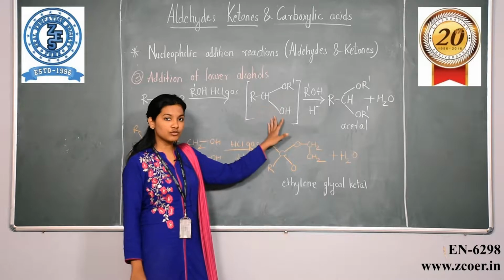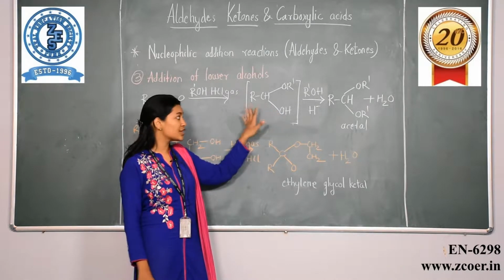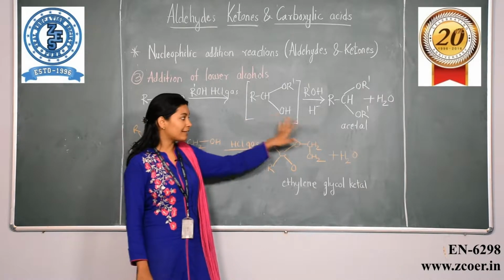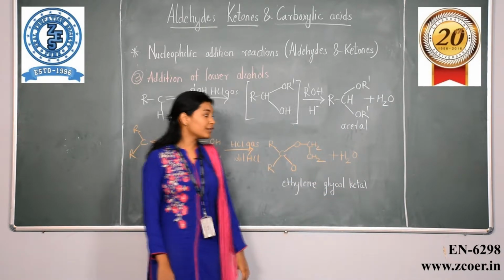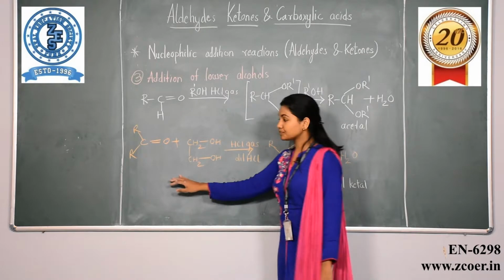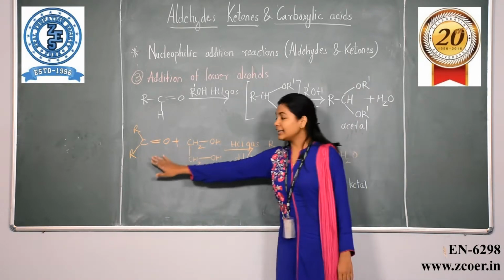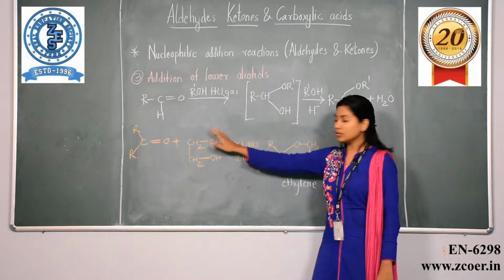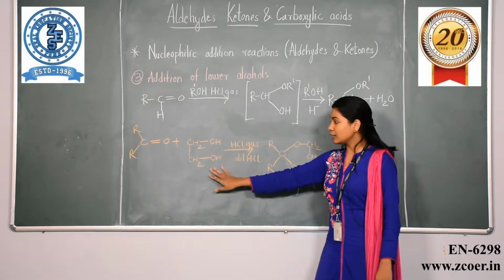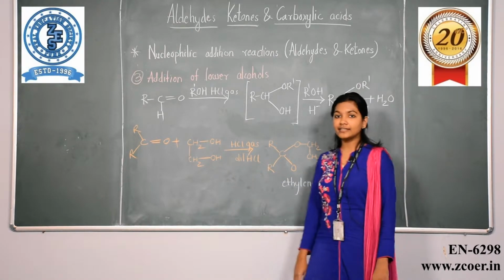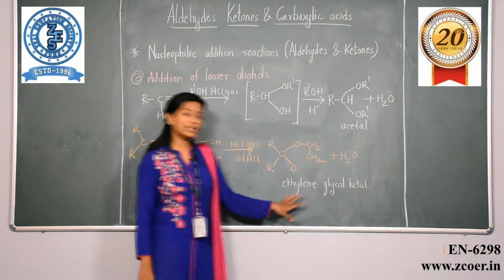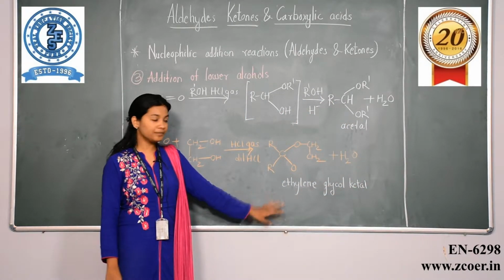This reaction also takes place in 2 steps, giving an intermediate product and finally the acetal. For example, if the aldehyde or ketone group reacts with ethylene glycol in the presence of hydrochloric acid, we get the formation of ethylene glycol ketal.